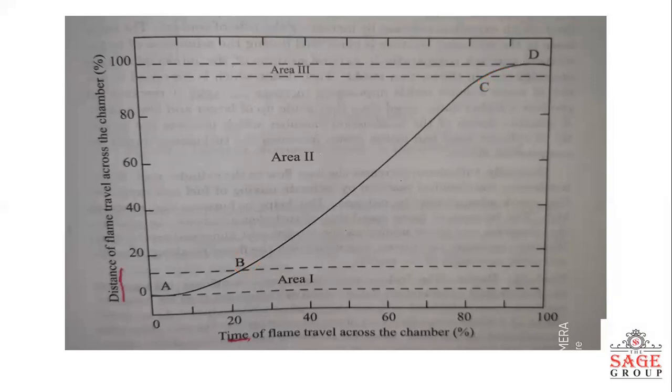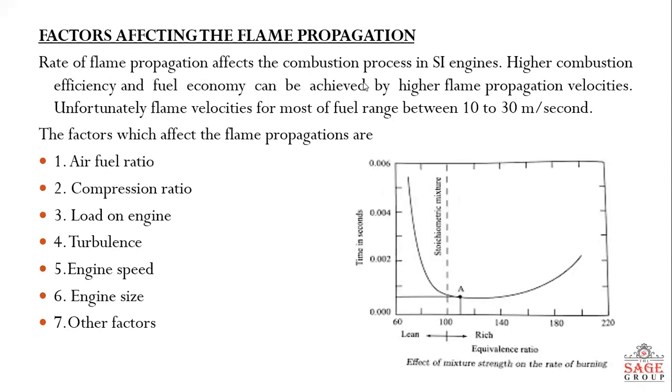Now we can see the factors that are affecting our flame propagation. The study of factors which affect the velocity of flame propagation is important, since the flame velocity influences the rate of pressure rise in the cylinder, and it is related to certain types of abnormal combustion that may occur in case of SI engine.